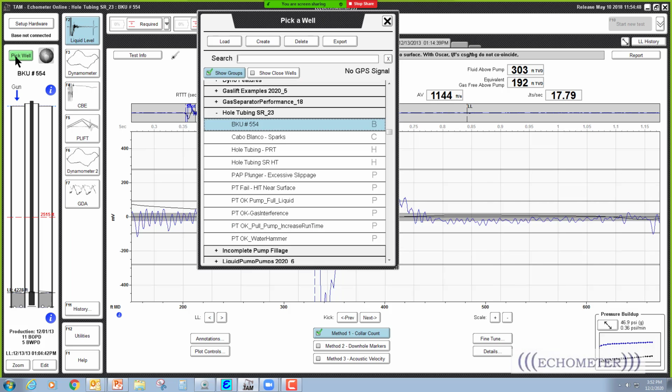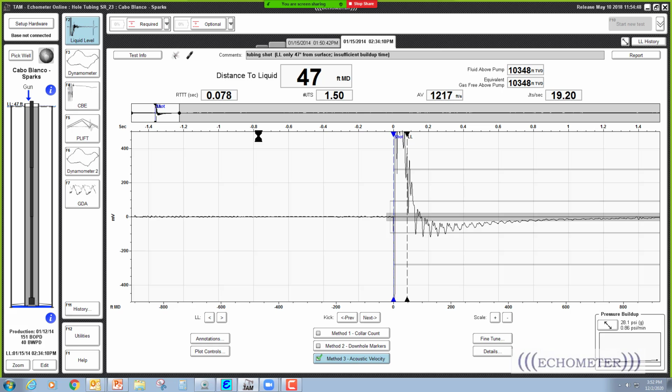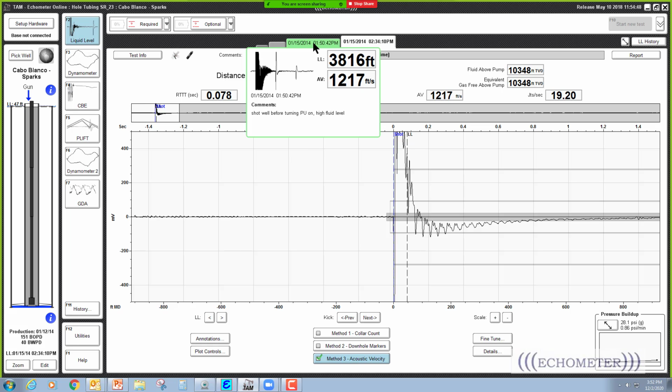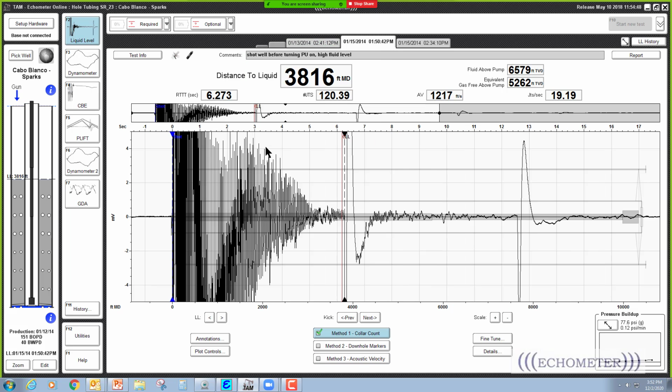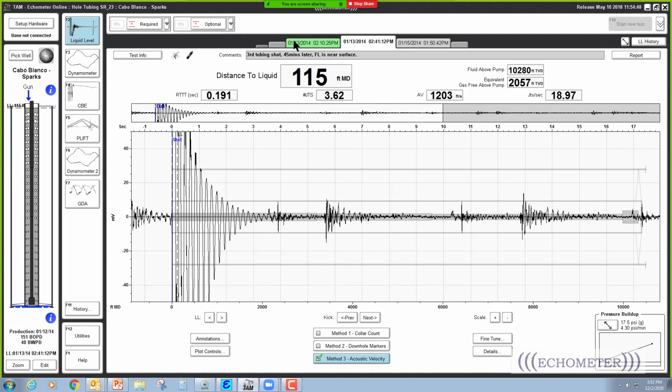So let's go pick another one. This one right here, let's see what this one was. What was this? I don't remember what this one was for. Oh, I remember now. This was one where it was pumping normally.